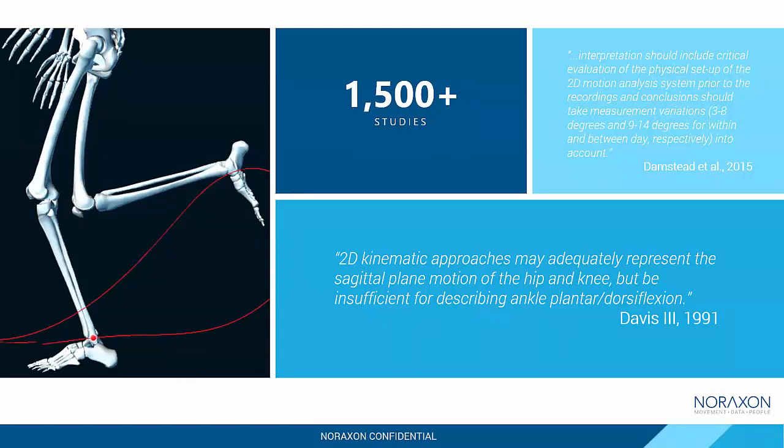As mentioned in the quote there, 3 to 8 degrees and 9 to 14 degrees in certain aspects. Of course, an 8-degree error is going to completely change your evaluation of an individual's movement pattern. So again, just harking on the importance of setting up your system in the appropriate way.